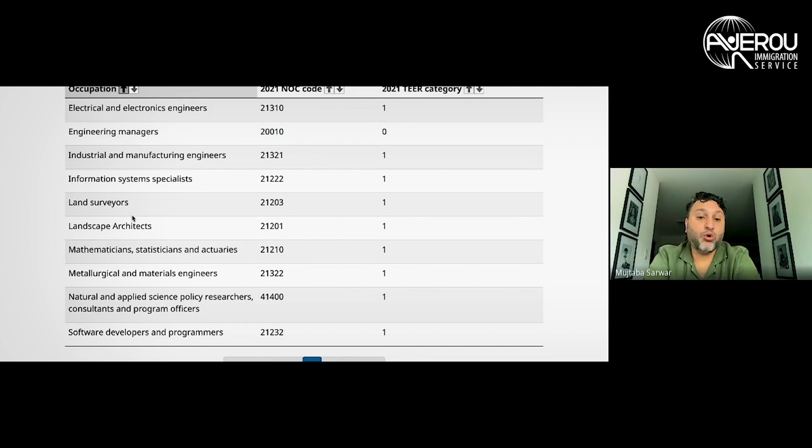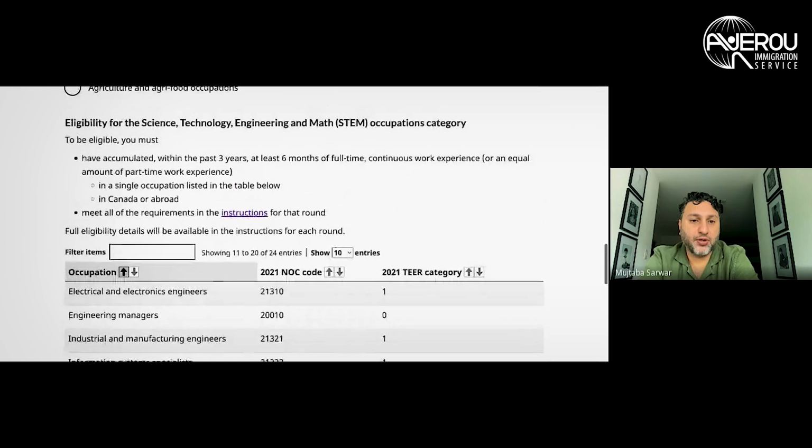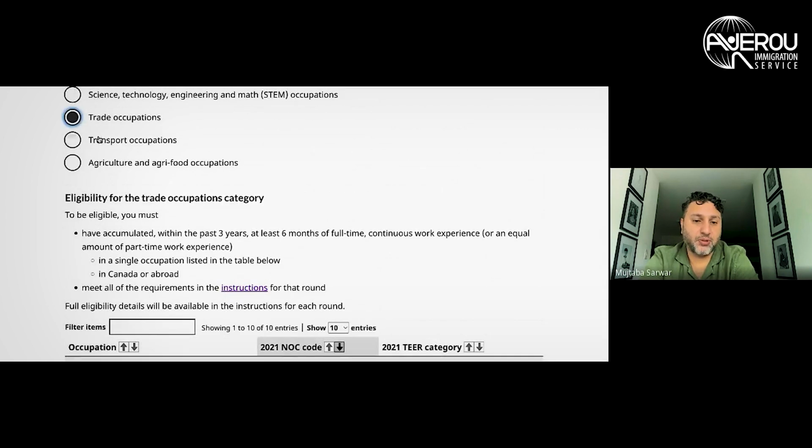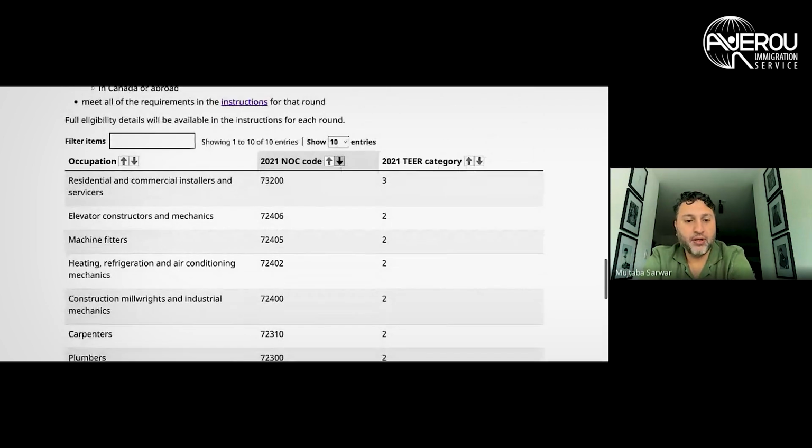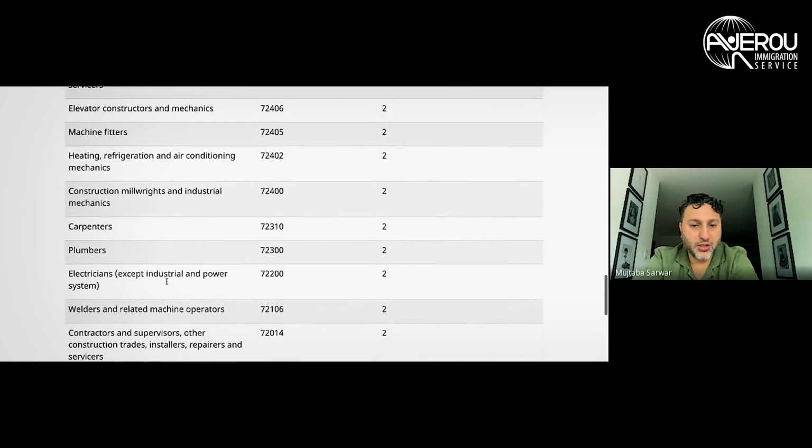I'll give you one of our clients, a very good example here in the trade occupation, Ala. Look, here in the trade occupation, we had a client who wanted to be considered under electrician NOC code 72200, right? So what happened?